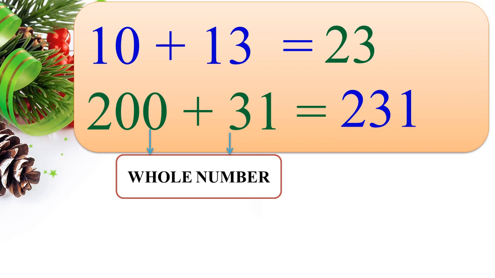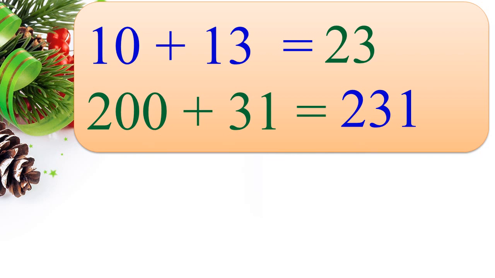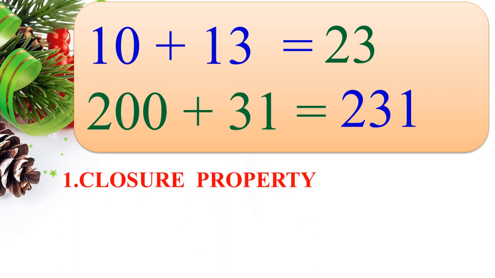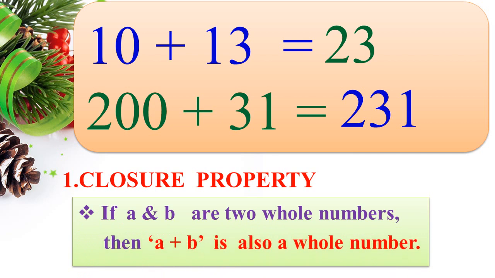Here also 200 and 31 are whole numbers and the result 231 is also a whole number. So we learn from this, when we add two whole numbers, we always get a sum that is also a whole number. Therefore, we define the closure property as: if A and B are two whole numbers, then A plus B is also a whole number.